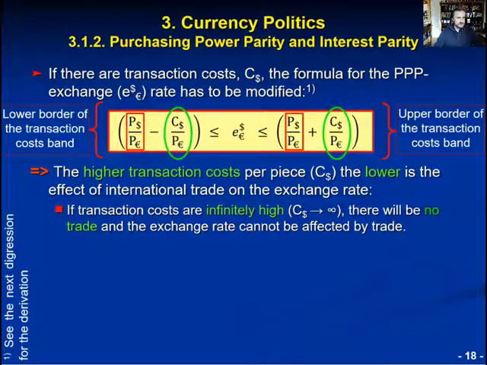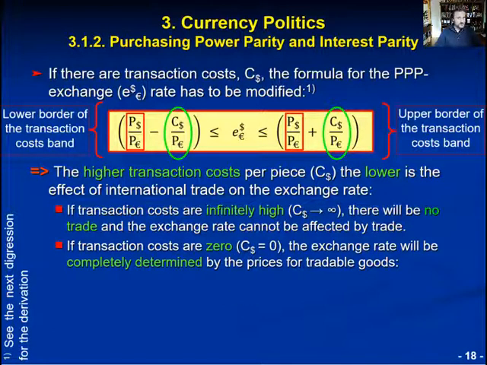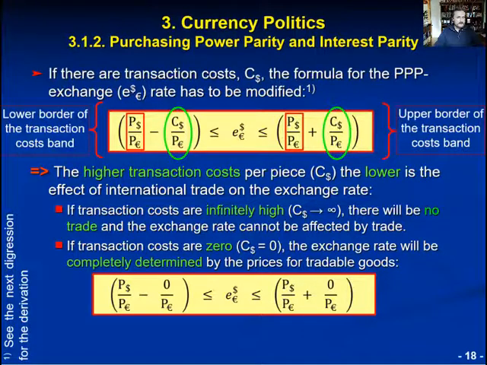If these transaction costs go towards infinity, there will be no trade, since transaction costs are too high, and hence, in this extreme case, the exchange rate is not affected by international trade at all. If transaction costs go to zero, we have to fill in a zero here for the capital letter C variable, and then the bandwidth disappears.